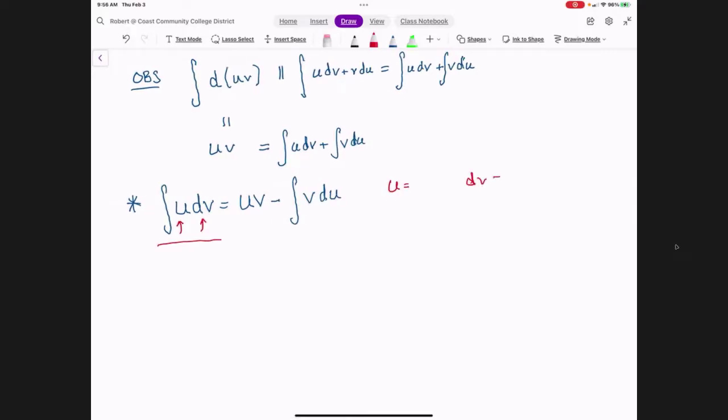Now in the formula, we need what v is. So that means we're going to have to then produce du. That's easy enough.